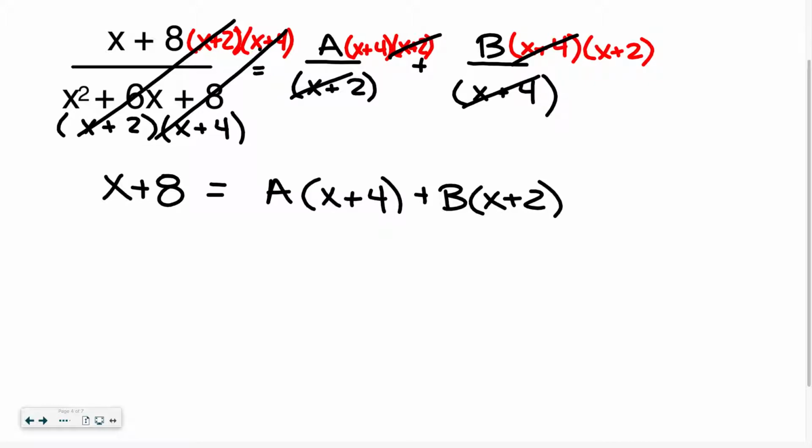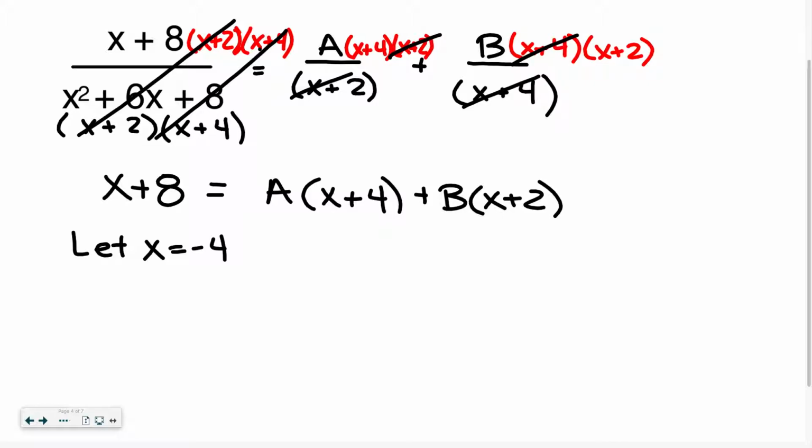Negative 4. What's the 0 of x plus 2? Negative 2. So we can really choose anything we want for x because x is a variable, it changes. You'll be best served by choosing the zeros of those factors, and we'll see why here in just a moment.